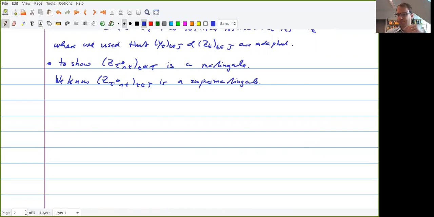Why? Well, we know that Z without this stopping is a supermartingale, and we have seen last time that the property of supermartingale, submartingale, martingale is preserved if we consider the stopped process.